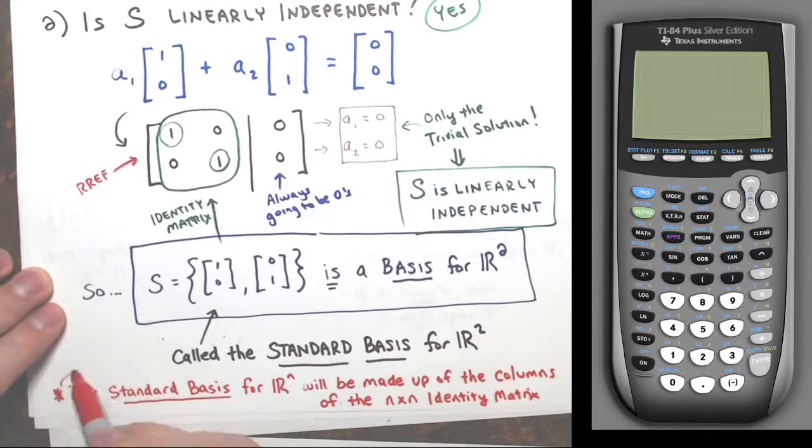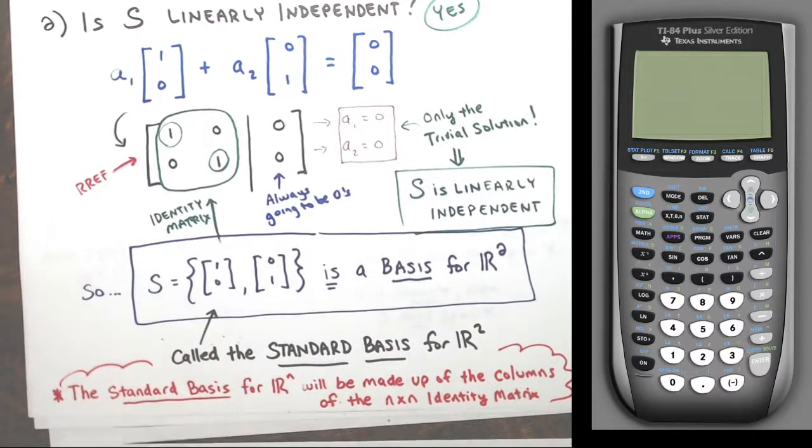All right, and that's a big one there. They call that the standard basis for a Euclidean space R2, R3, R4, etc.